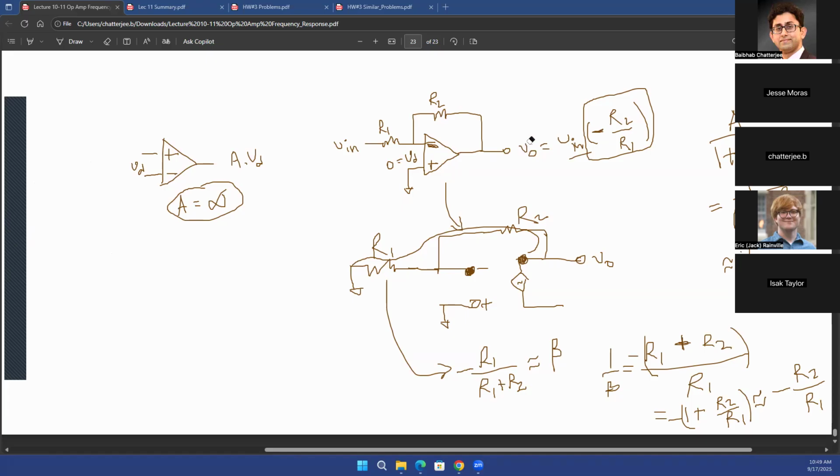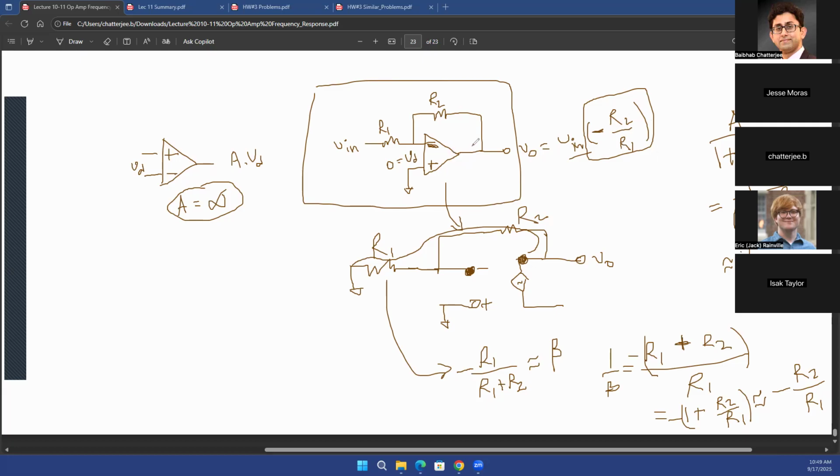The reason why the output is not 0 is that when you have other components around the op-amp, those other components determine the gain of the entire system. Here, the op-amp does not even determine the gain. The gain is determined by R2 and R1, the ratio of R2 and R1. Right? So because the op-amp does not determine the gain, the final output voltage is this much. This is what you see.